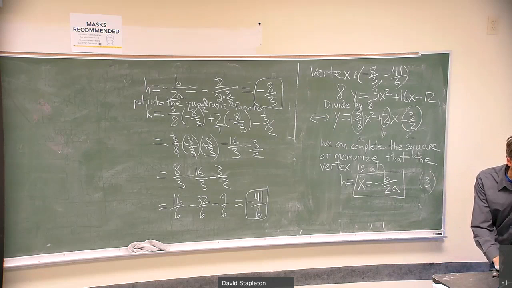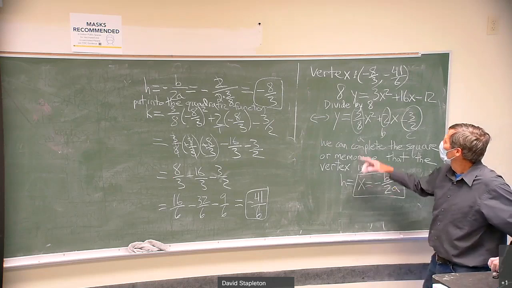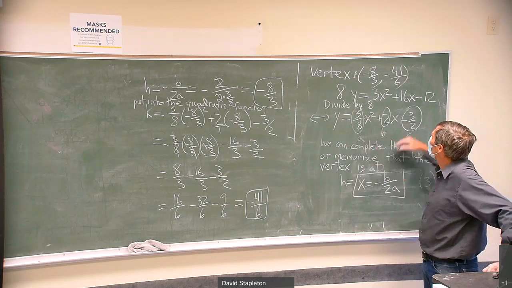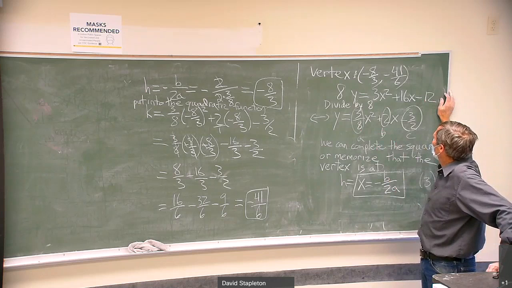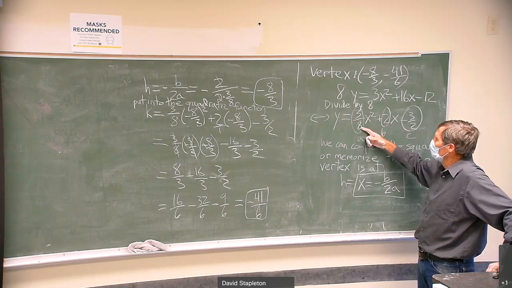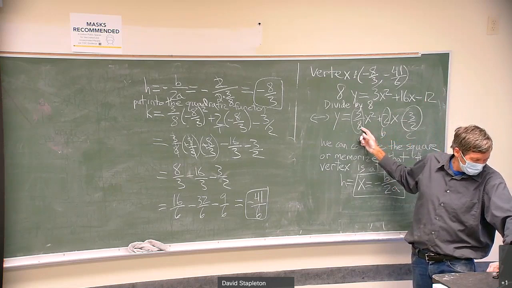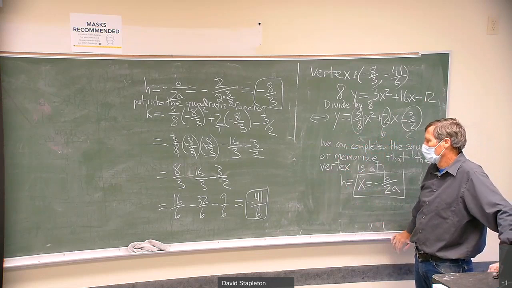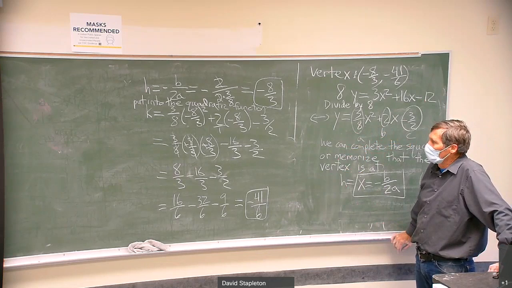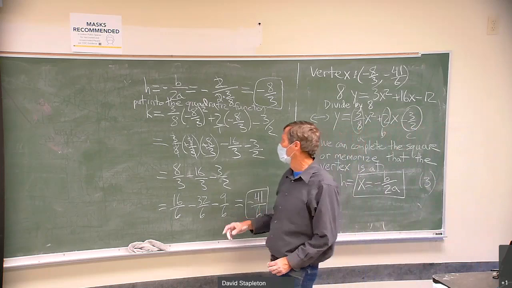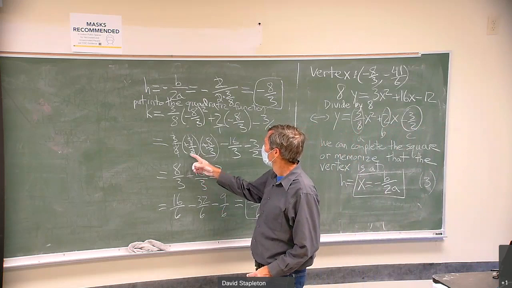Maybe that's divided by this by 8. Vertex, right? And I put in minus 8/3, which is right. Well, I know what it did. That's all right.